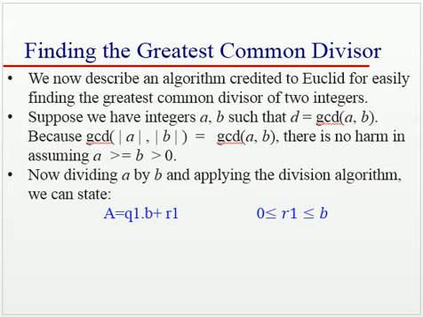Applying the division algorithm, we can write a is equal to q1 into b plus r1, where q1 is the quotient when we divide a by b, and r1 is the remainder. Now if we get r1, the remainder, equal to 0, then we can say that b is the GCD of a comma b.